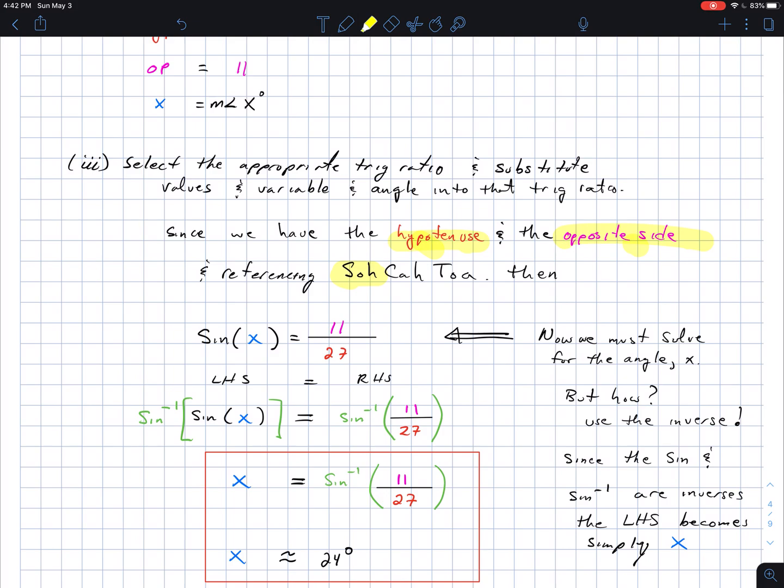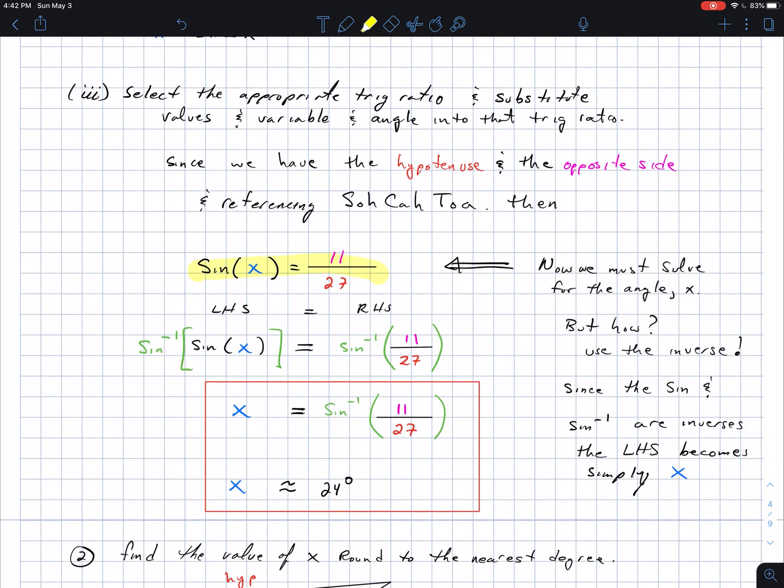Sine is the opposite over hypotenuse. So that's exactly what I did here. I just did the substitution of all of the information into the process.